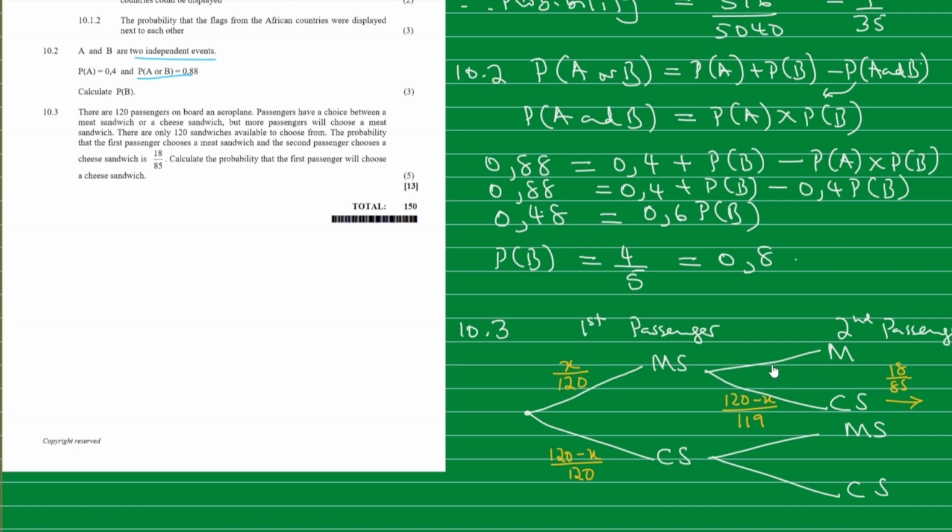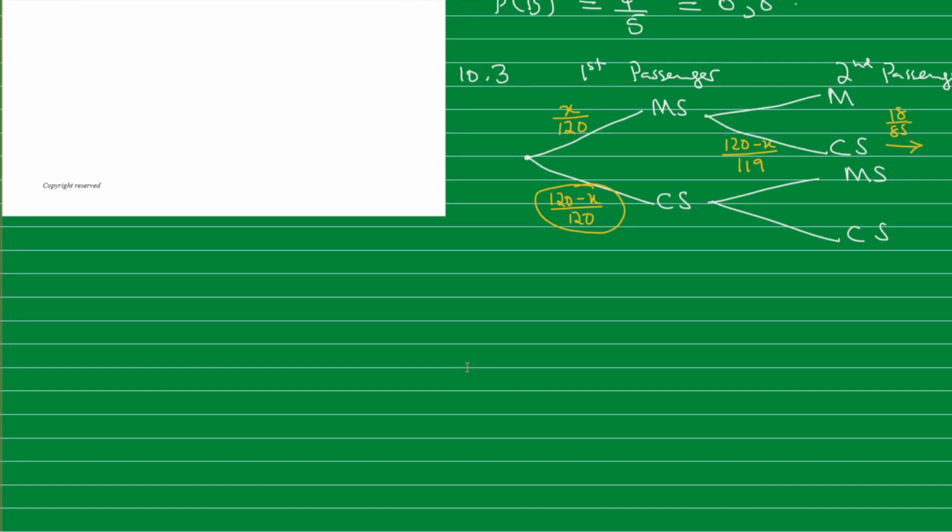I guess you can go on and fill in the rest, but all the other branches are not necessary to fill in here. Now we are required to calculate the probability that the first passenger will choose cheese. So let us start from what we are given here.